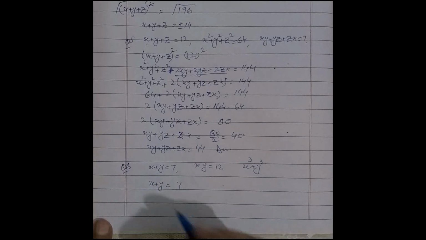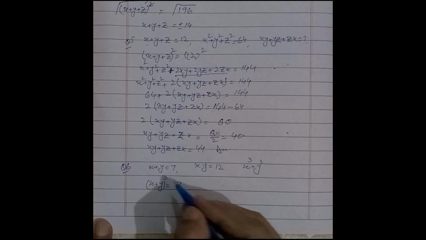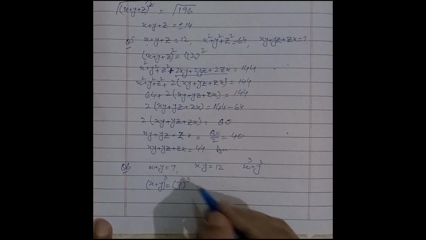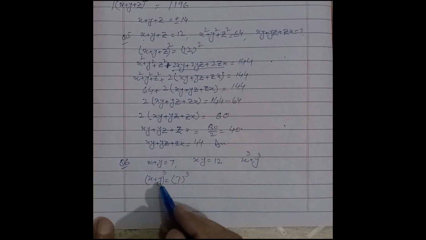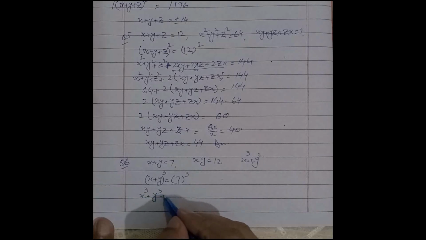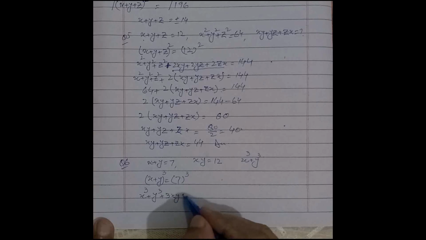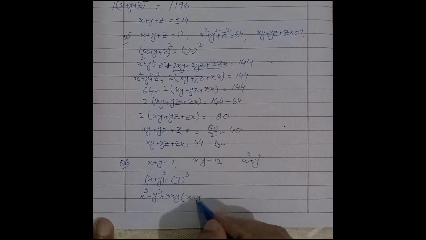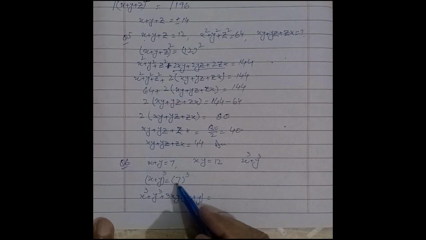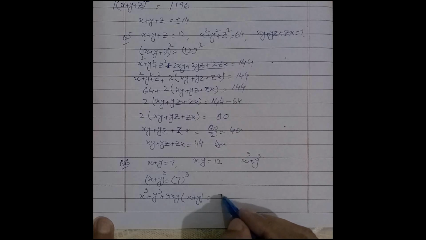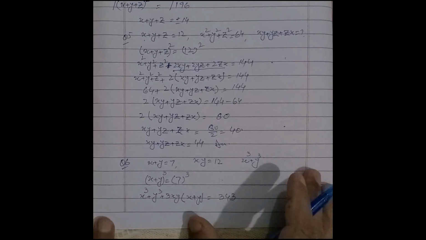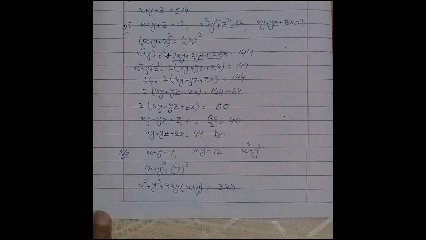We take cube both sides, (x plus y) cube and 7 cube. (x plus y) cube is x3 plus y3 plus 3xy into (x plus y) is equal to 7 power 3. 7 sevens are 49, 49 sevens are 343. And then we put the value of xy and x plus y.